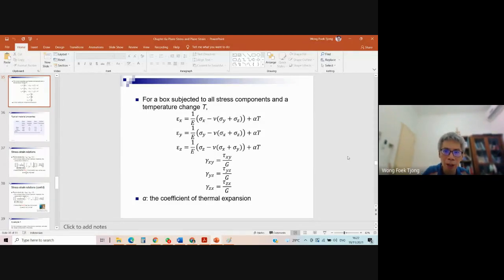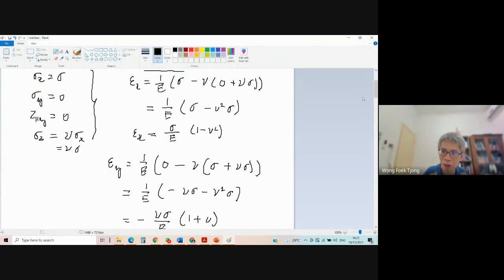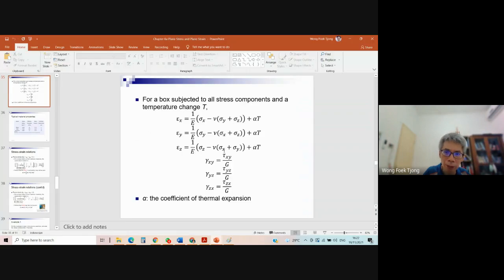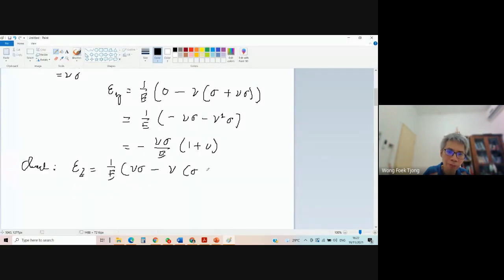Okay, any questions? And then let's check epsilon z. Epsilon z should be 0, right? Let's check, because this is plane strain. 1 over E, sigma z is nu sigma minus nu, sigma x is sigma, right?